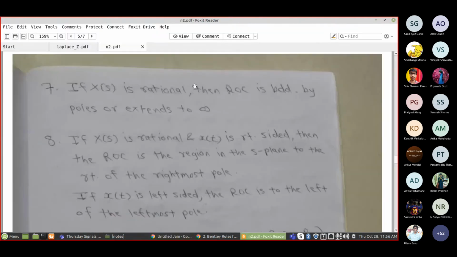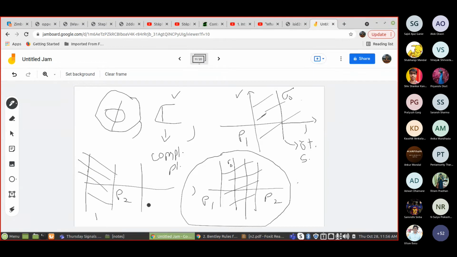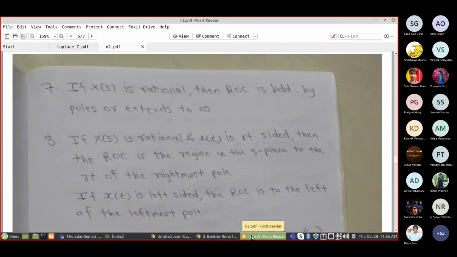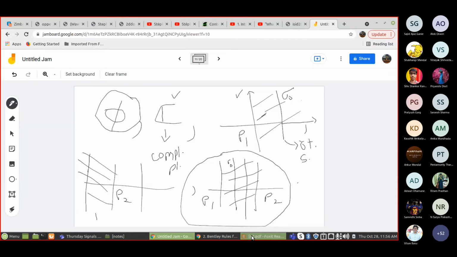So if X of s is rational, the ROC is either bounded by poles, like in these three cases, or it extends to infinity, like in these cases. Here it is infinity, and here it is empty. Maybe tomorrow we will do some example where the ROC is empty.